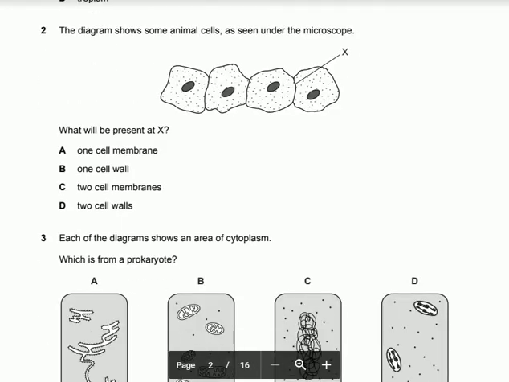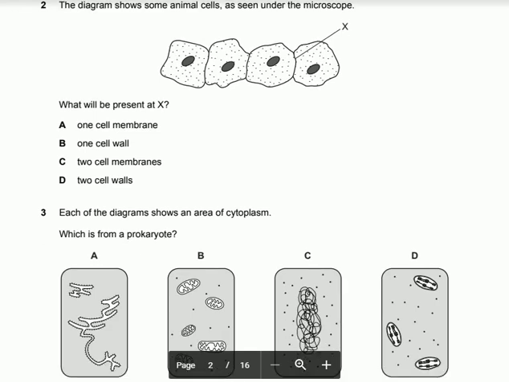Question number 2. The diagram shows some animal cells under a microscope. What will be present at X? 1 cell membrane, 1 cell wall, 2 cell membranes, 2 cell walls. Okay, this question is kind of confusing.